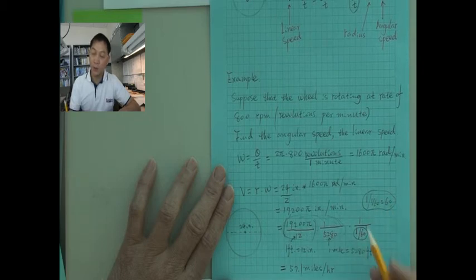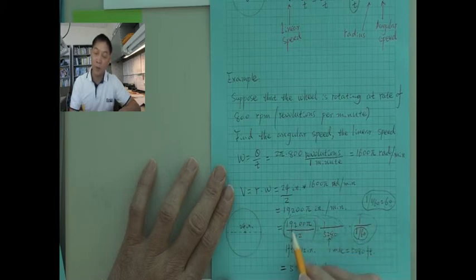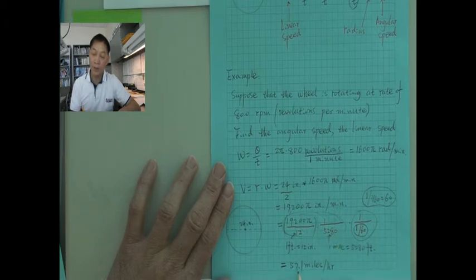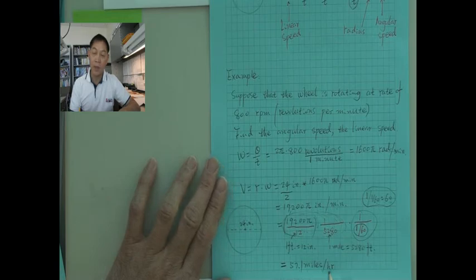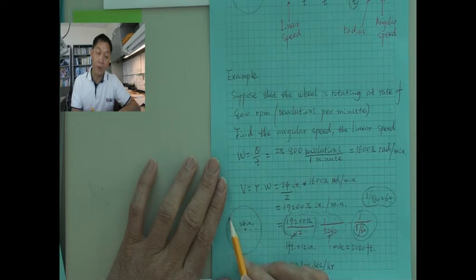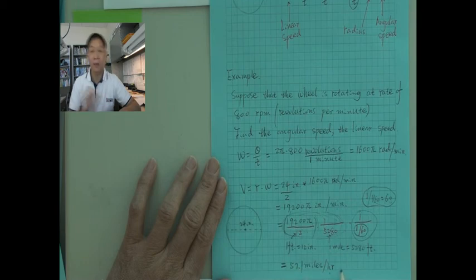So basically, you use 60 here. This number is 60 times 19,200 pi divided by 12, and then divided by 5,280. You'll get about 57 miles per hour. That's the linear speed. The object travels on the circle with this speed.